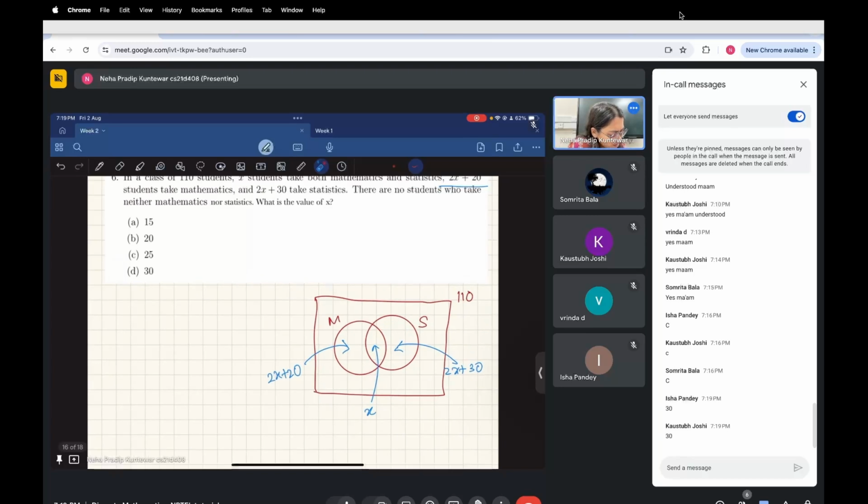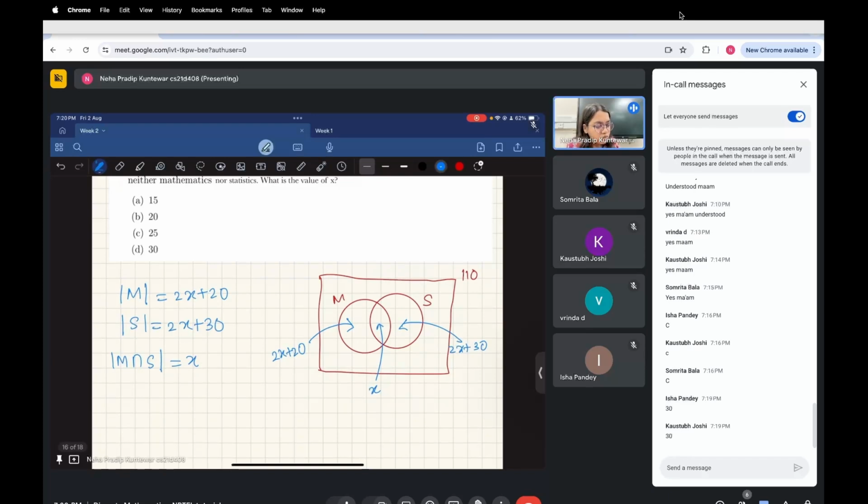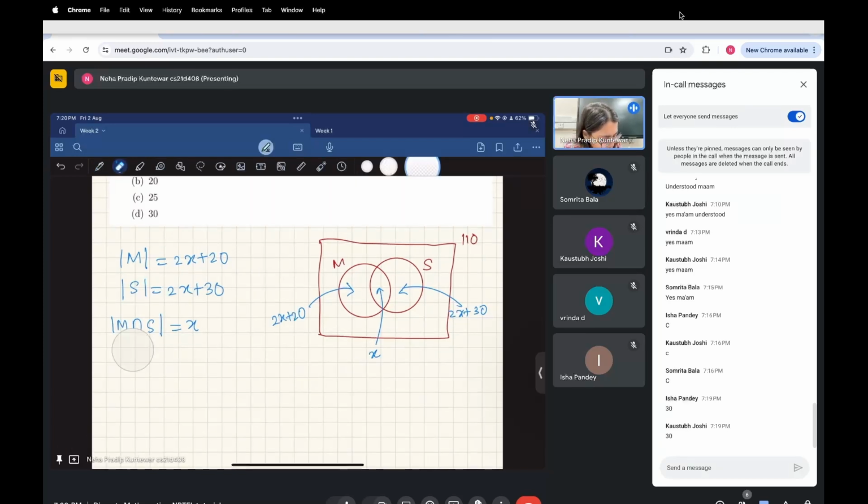Okay, so let's write down the values that we have. M is the set of students who take mathematics, and we know that the size of M is 2x plus 20. Then the number of students taking statistics is 2x plus 30, and the number of students who take both maths and statistics is x. Now the question is what is the cardinality of M union S. Before that, let's understand the cardinality of the universe.